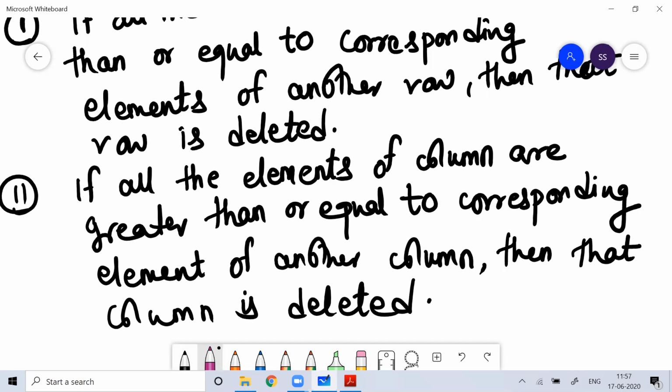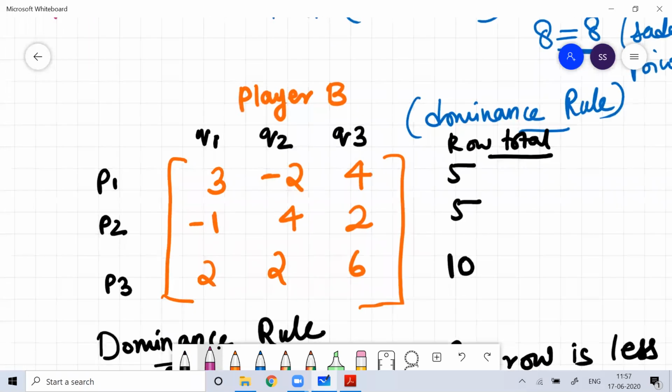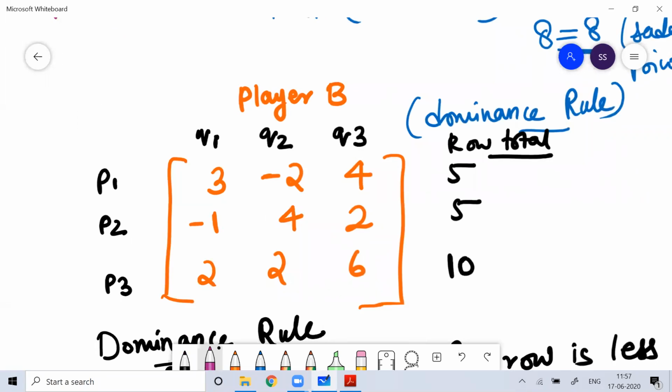Now, what I mean to say, since you may be getting confused, is just compare the first row with the second row. By looking at the totals, I can find out the row which is lower.